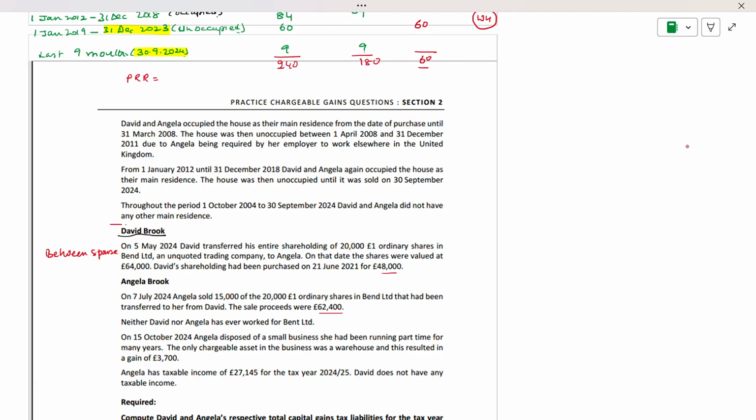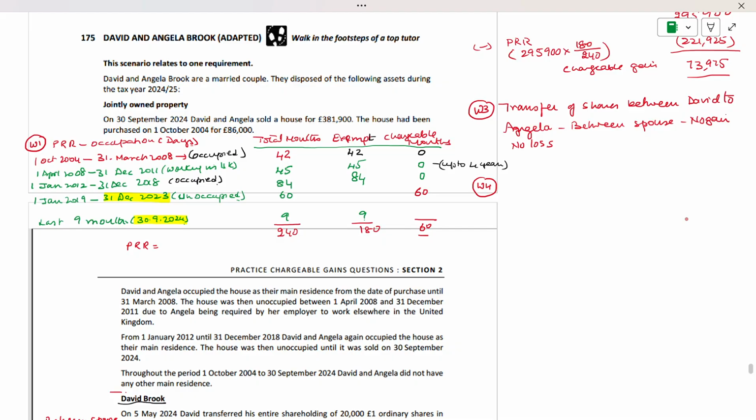What is the cost of the total 20,000 shares? 48,000. We have to take only the one.